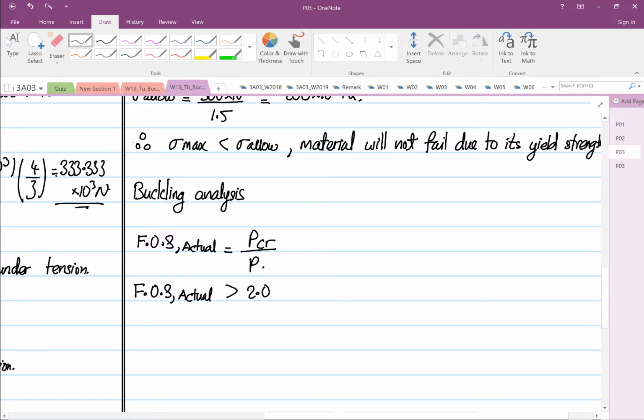If less, you will fail. Otherwise, the structure will not fail due to buckling.